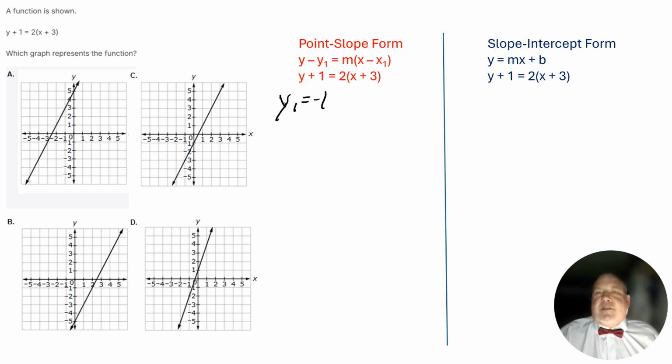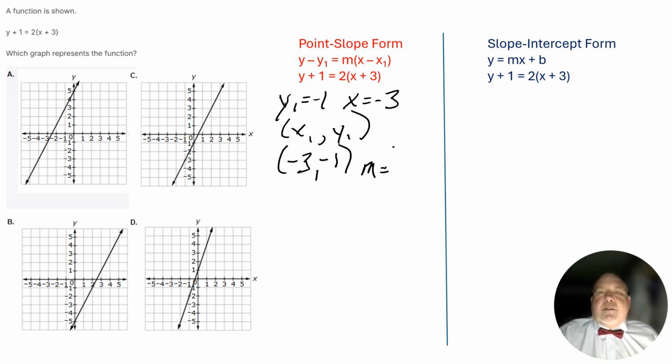So since it's plus 3, that means my x1 is actually negative 3. So I have a point, x1, y1. And that point is negative 3, negative 1. So that's why it's called point slope form, because it gives you a point and it gives you a slope. And then the slope, again, the m is equal to 2.